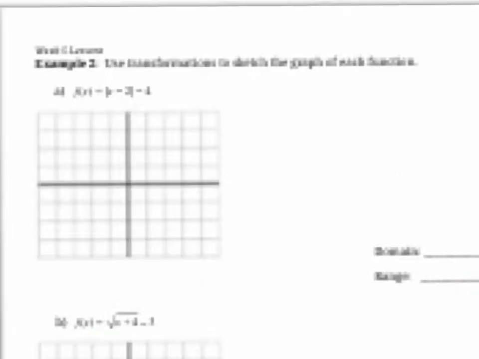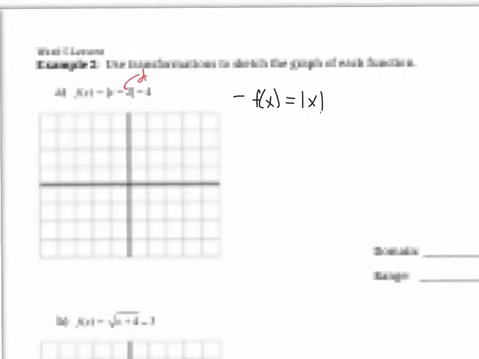Let's actually try sketching these things now. So we're going to create the same list that we just did, and we're just going to apply those things. So we know that we're going to start off with the parent function, which is f of x equals the absolute value of x. And then we are going to work on our transformations. So we know that this guy is our D value.